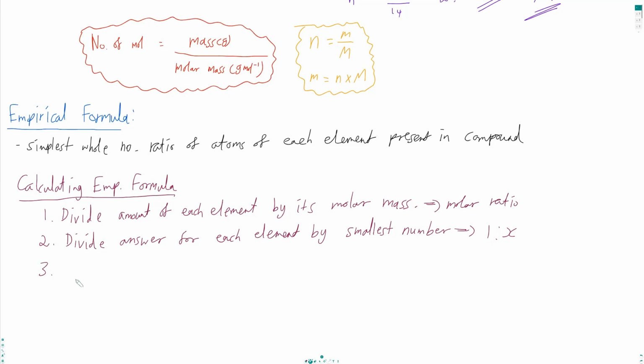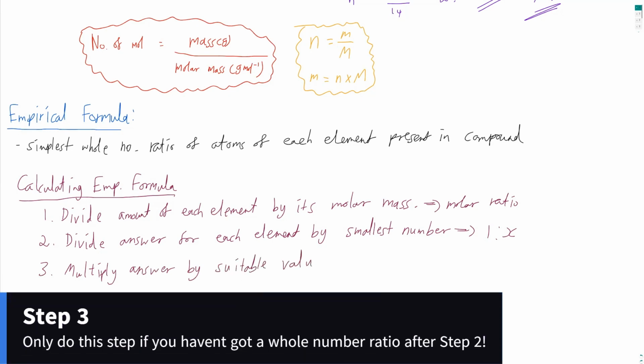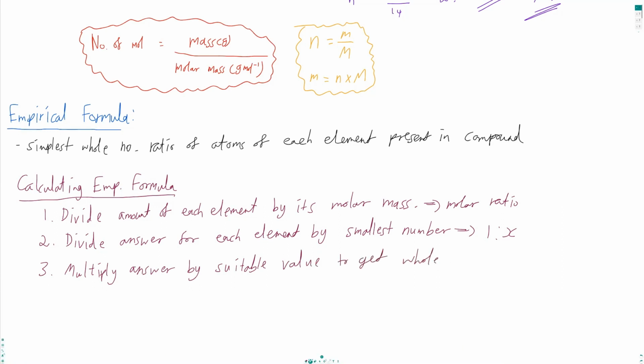And then you need to multiply if necessary. So this third step is, if necessary, multiply the answer by a suitable value to get a whole number ratio.